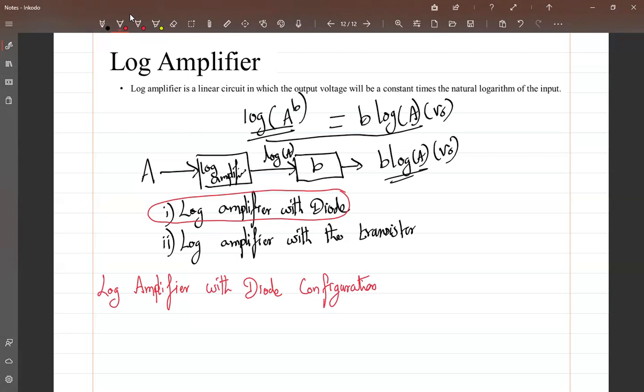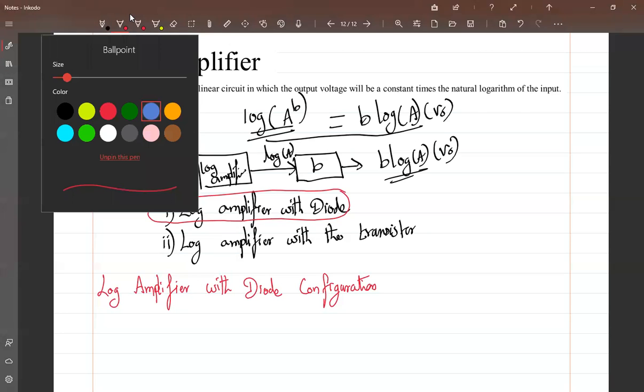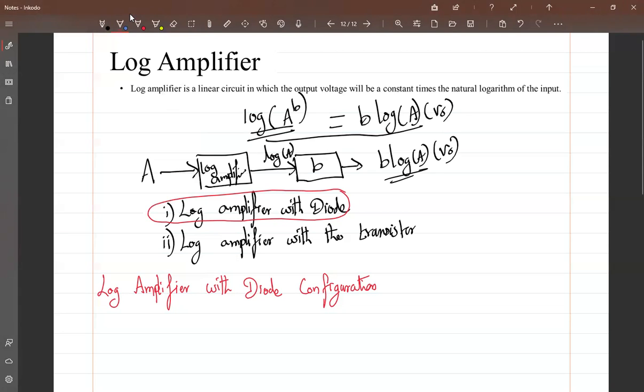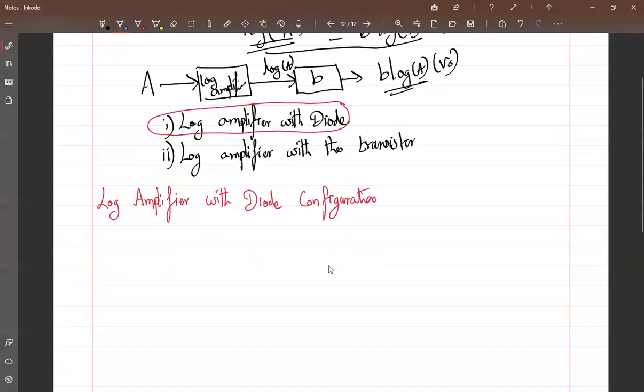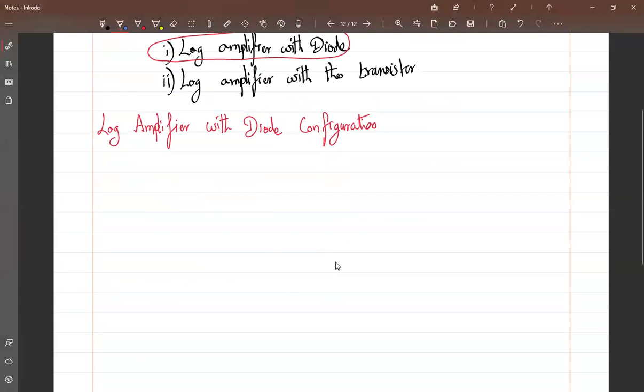Here we are going to use the diode. The circuit diagram for this log amplifier with diode configuration can be drawn like this.